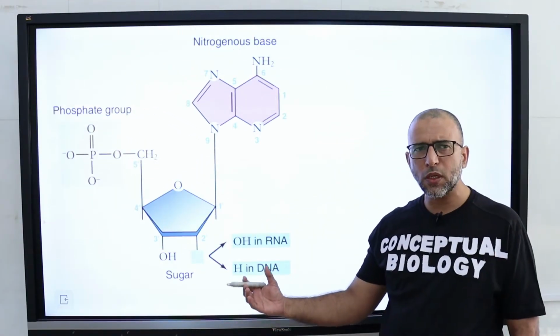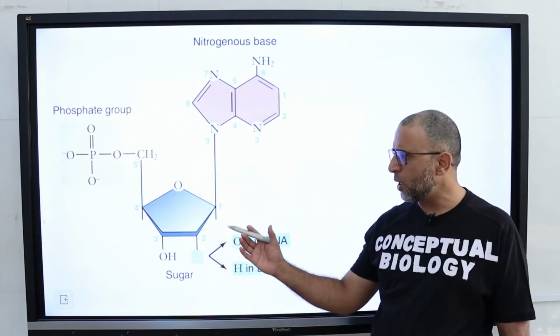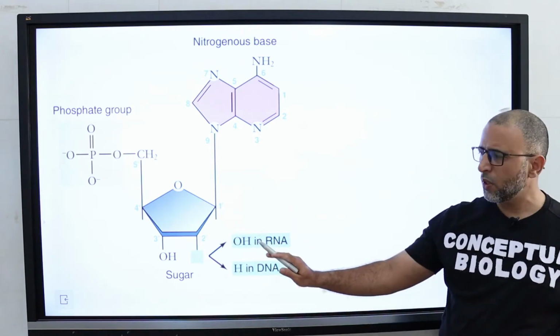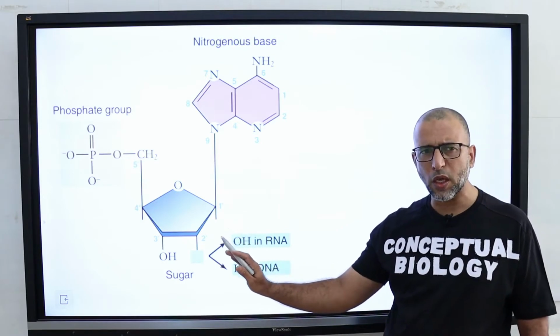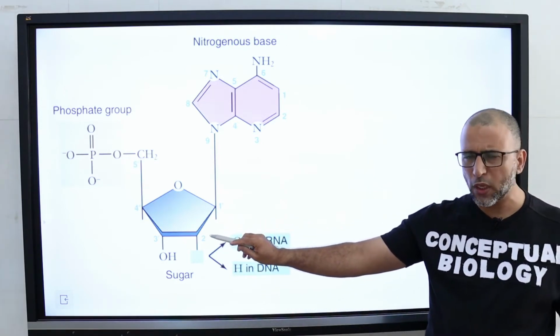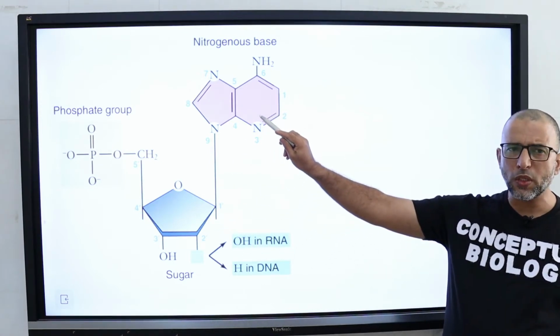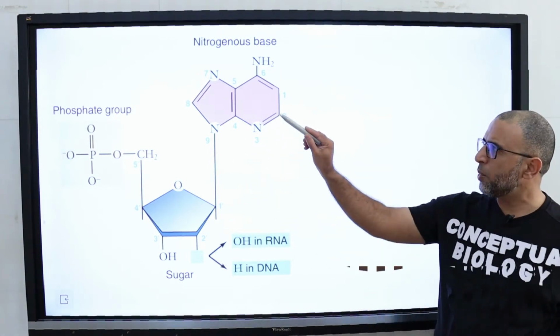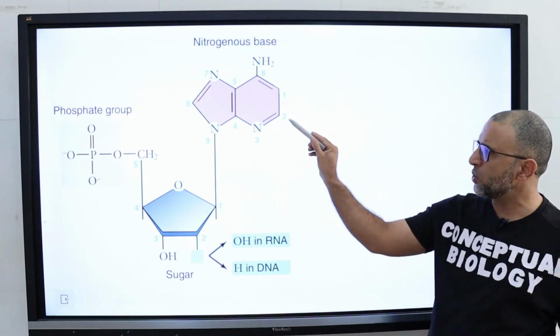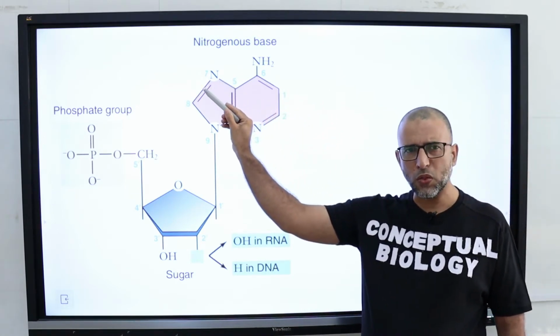It is conventional to number the carbon atoms in a molecule using a system devised by organic chemists. Accordingly, in nucleic acid chemistry, the individual carbon atoms in each sugar and in each nitrogenous base are numbered. The carbon atoms in a base are designated by numerals like 1, 2, 3, 4, 5 and so on.